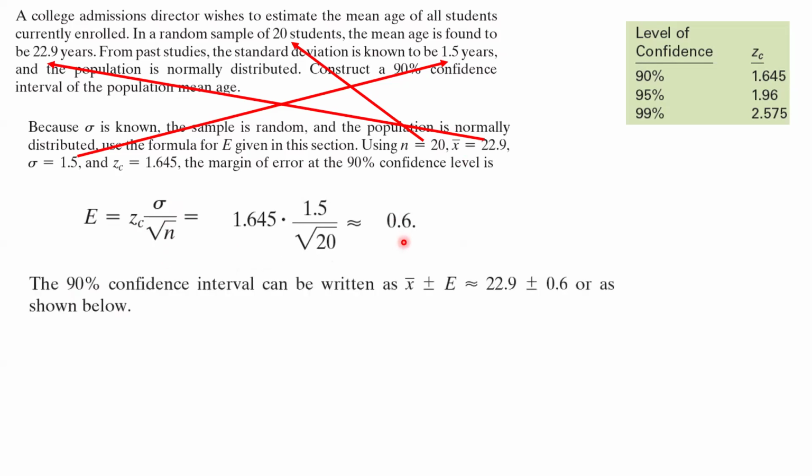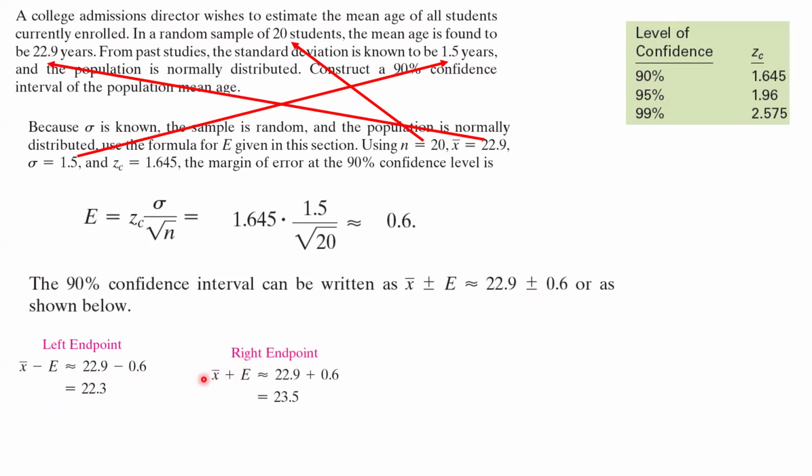What about the confidence interval itself? The 90% confidence interval can be written as x bar plus or minus the margin of error, which is 22.9 plus or minus 0.6. X bar minus E is 22.9 minus 0.6, or 22.3. This is your left endpoint.